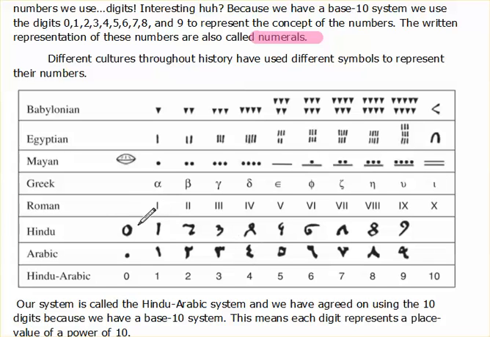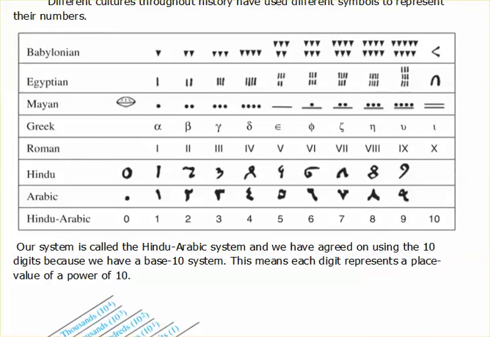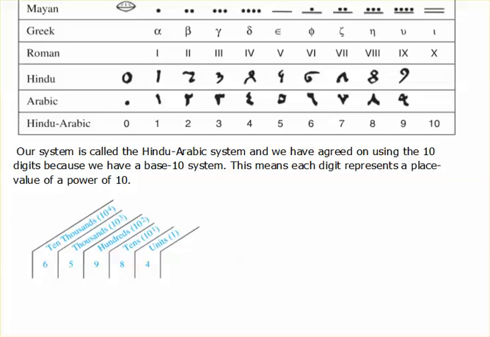Originally, this is where we came from with the Hindu numbers. They had a 0, and if you'll notice, the numbers start to look a little more similar to ours. And then this was the original Arabic. Very interesting.